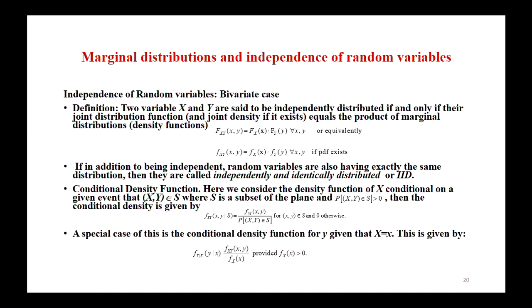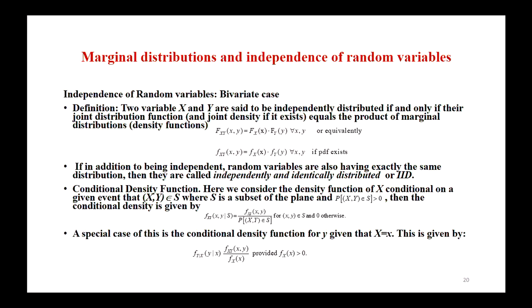You might hear the term IID. IID stands for independently and identically distributed. That means that the random variables are independent and they have the same distribution. That is, F_X(x) is equal to F_X(y).